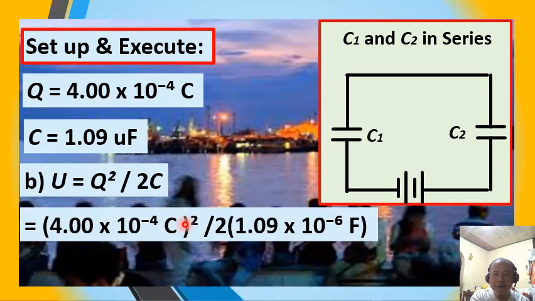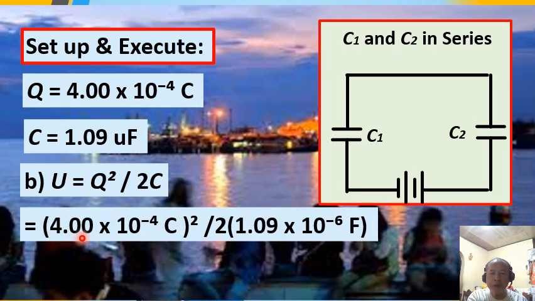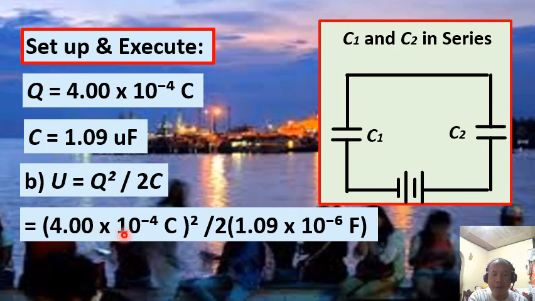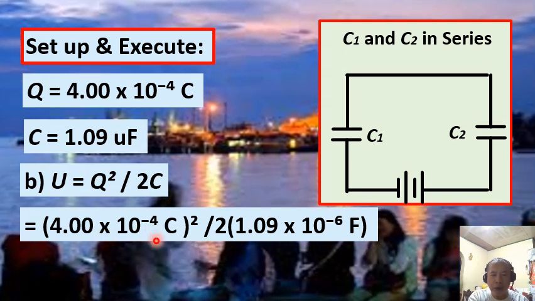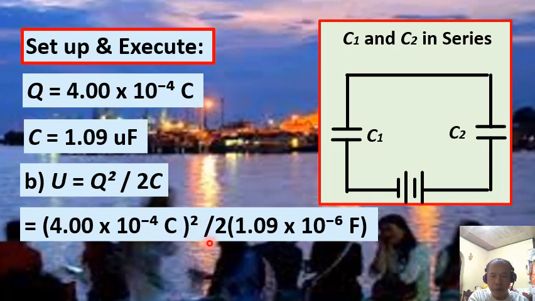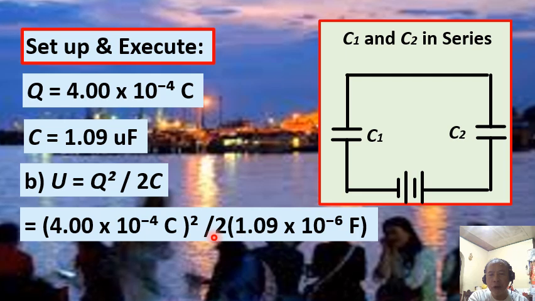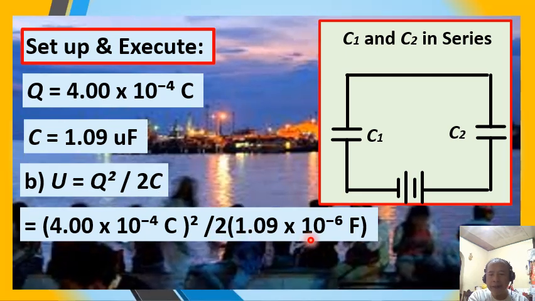That is, capital U equals 4.00 raised to the negative 4 coulombs, squared, divided by twice the total capacitance, or 2 times 1.09 raised to the negative 6 farad.